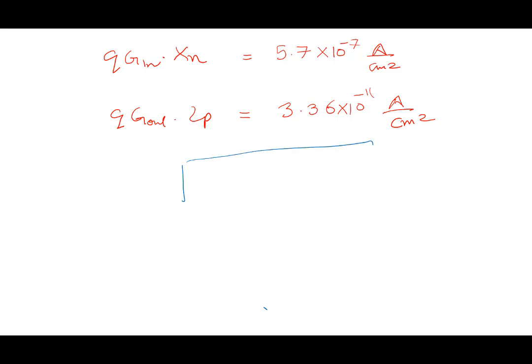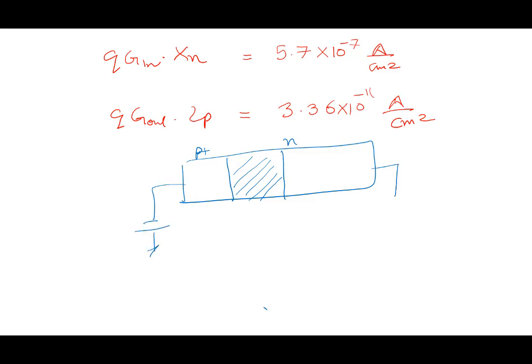Right, so this is again what we are talking about. Let me keep drawing P plus N. This is my depletion region and reverse bias, and this is what is happening. All this region is contributing here, and this depletion region is contributing here. Both are contributing to current.